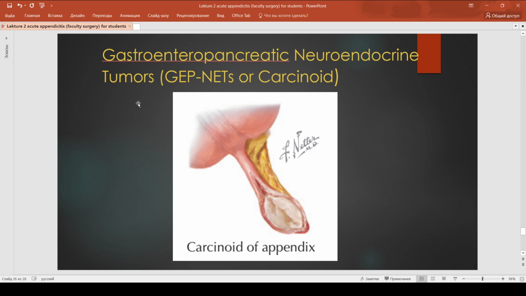And gastroenteropancreatic neuroendocrine tumors, or GEP-NETs, or carcinoid. Appendiceal carcinoid tumors are submucosal rubbery masses that are detected incidentally on the appendix. They are relatively indolent but can develop nodal or hepatic metastasis.